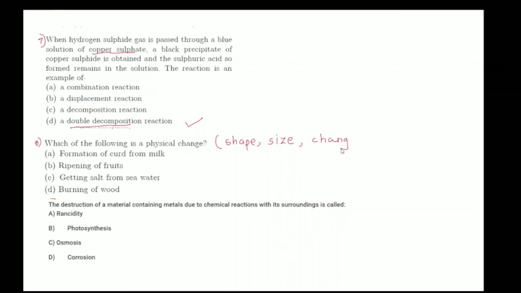All these are indicators of a physical change. So what do you think from this given? Which of the following is an example of physical change? I know that all the other examples are of chemical change, and this is the one: getting salt from seawater.